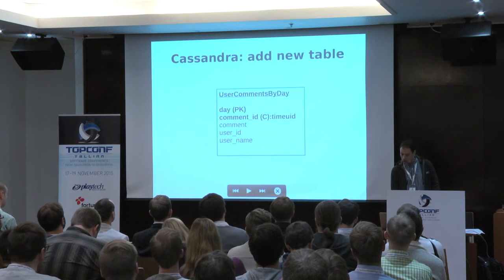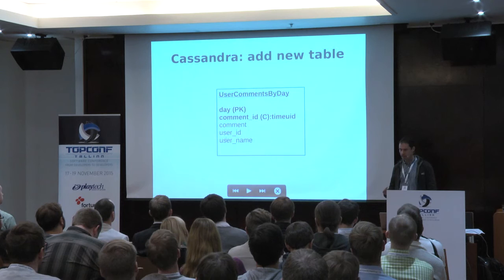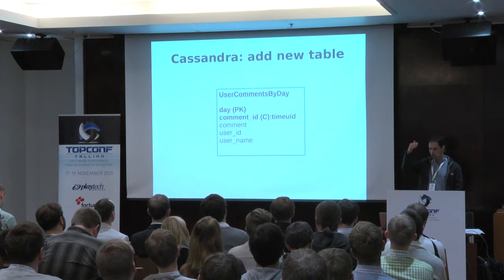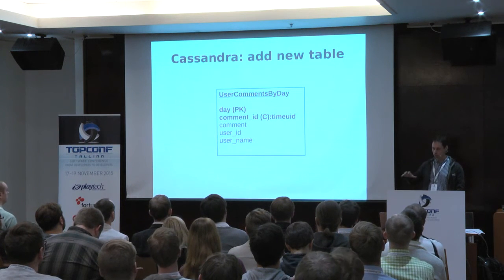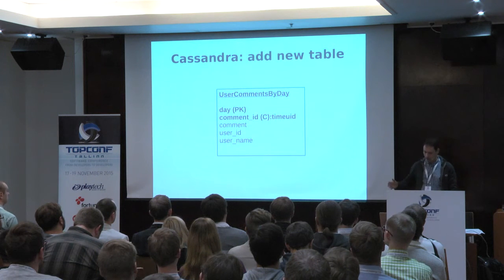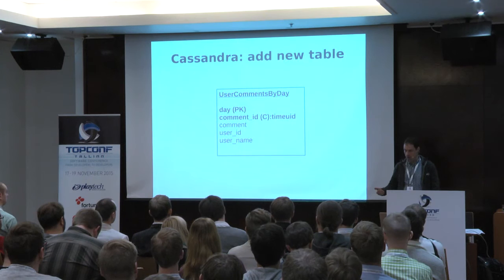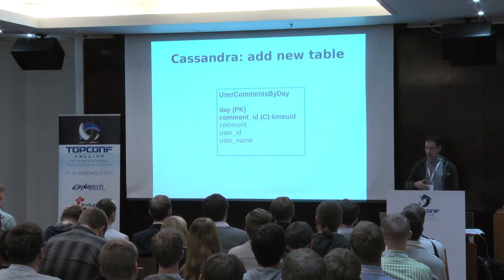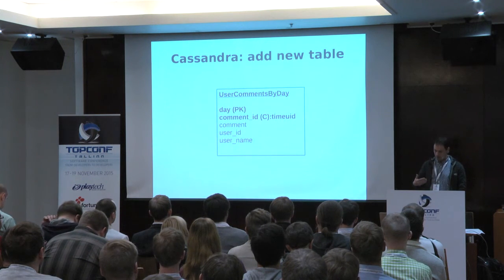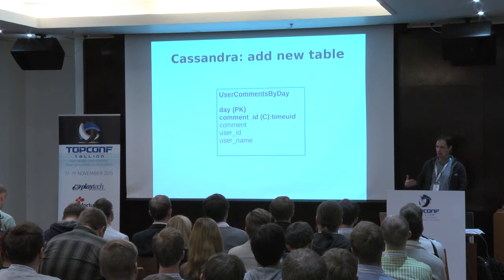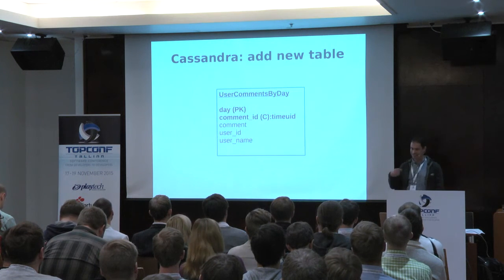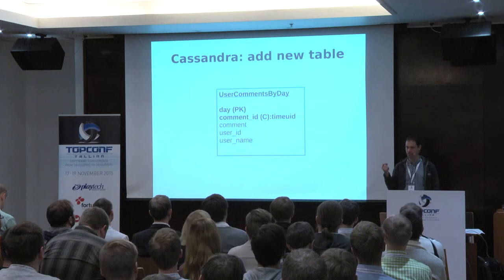And in one partition for this day, we store full comment information with user identifier, name and ID. And we can easily query these partitions, and we can meet the requirement, and it can be pretty fast.